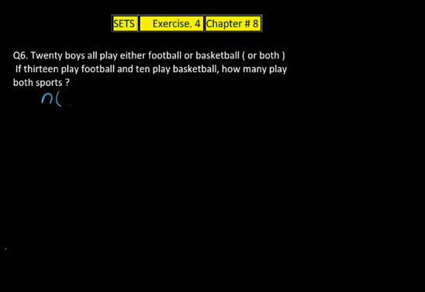Let's suppose f represents football, so we'll say n of f equals 13, right? The number of elements of f, football, is 13. And then it says 10 play basketball, so it means n of b for basketball is 10. And it says that we need to find x, which is the intersection of A and B. It means x represents the boys who play both football and basketball, right?